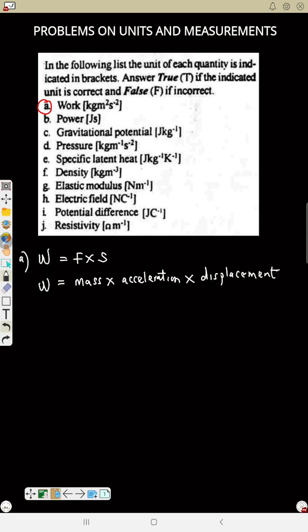Now the unit for mass is kilogram, times the unit for acceleration. So acceleration is velocity over time, times displacement.